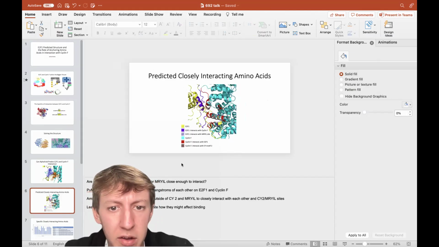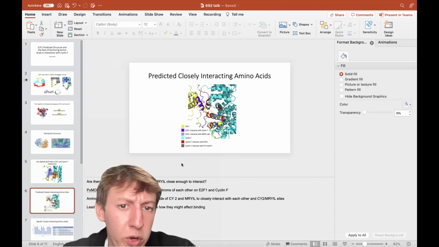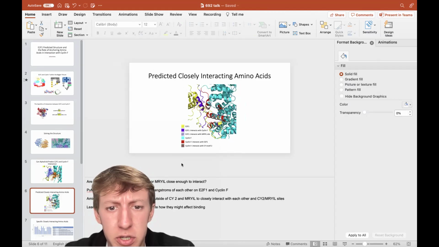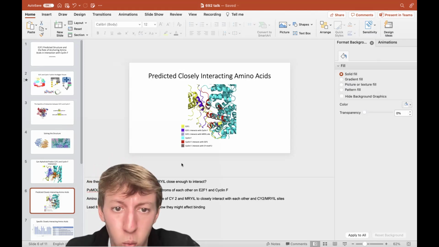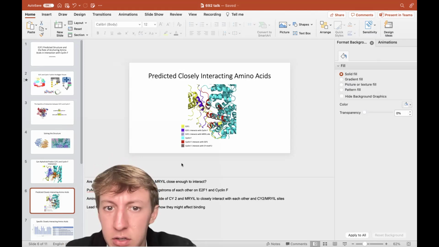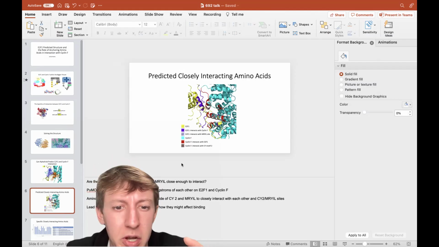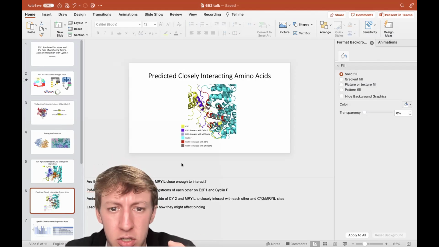So next, we know that AlphaFold can accurately predict the Cy motif to localize to the MREL in E2F1 and cyclin F. But I was wondering, are there any predicted closely interacting amino acids around those sites that might help facilitate this interaction?